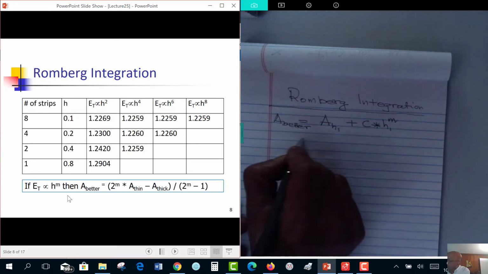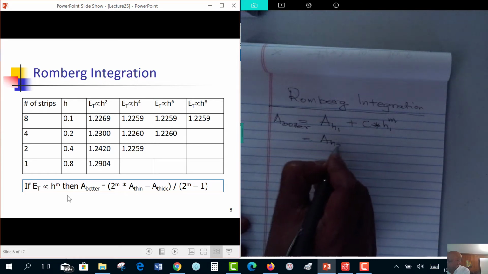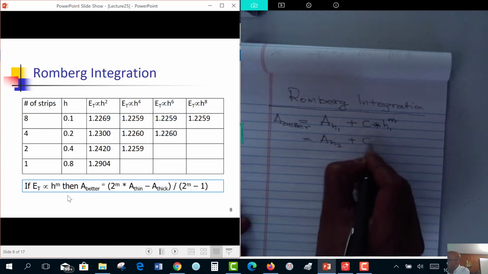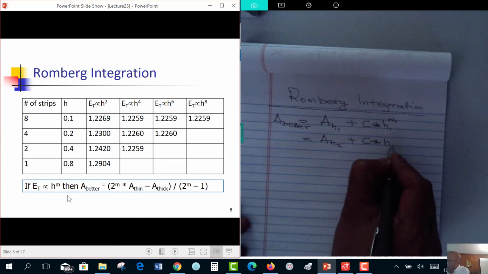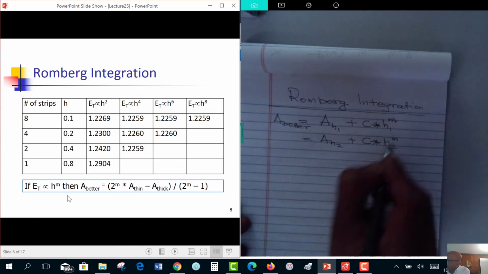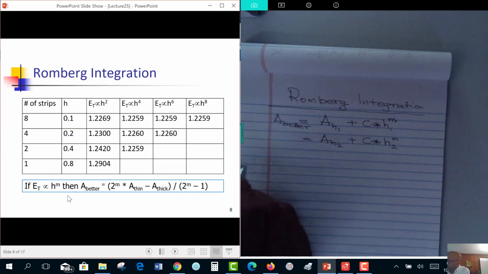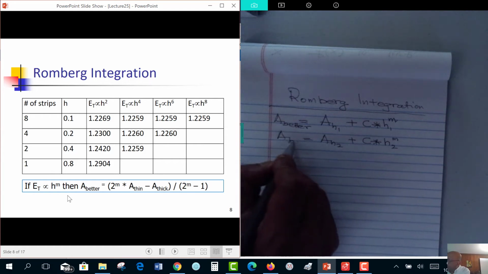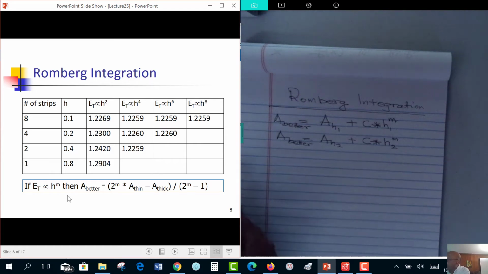Let's do the same thing using a strip size h2. It would have an error proportional to C times h2 to the power m. So when we add that error, we'll get A better.